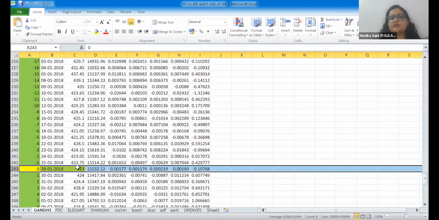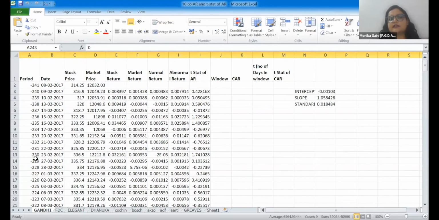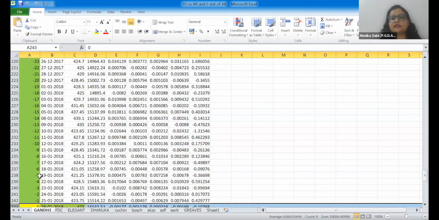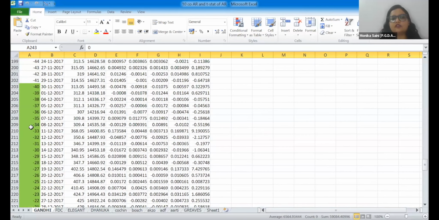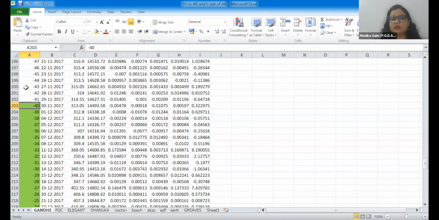Zero here means the date on which the announcement has been made. And -1, -2, -3, and up to -240, these are the days before the event. And +1, +2, +3, these are the days after event. So if I am taking -40 to +40 as my event window, right?